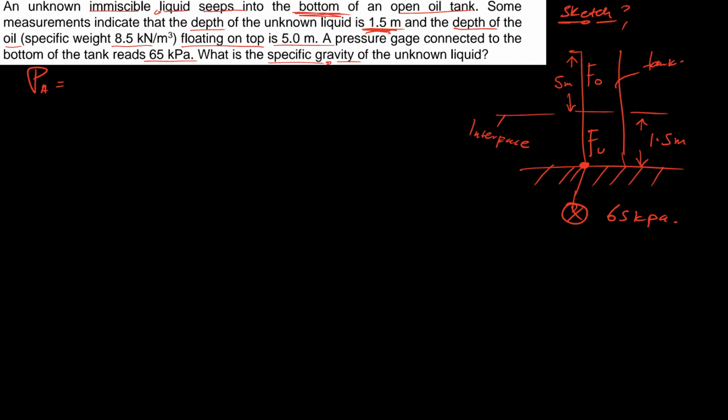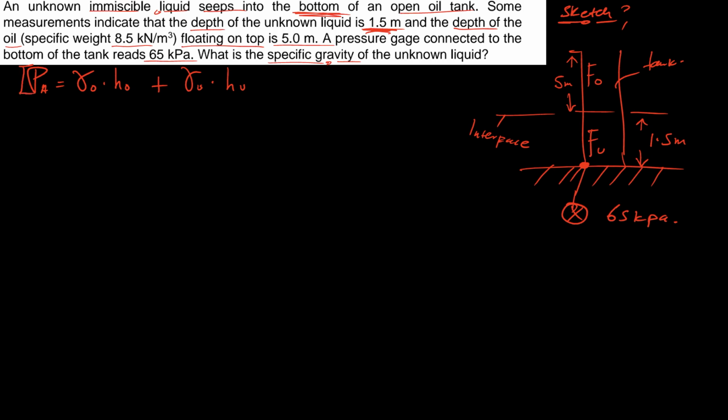Now remember, pressure is, in this context, how we're trying to understand the behavior of these immiscible fluids with respect to their height. So the gauge pressure is equal to the specific weight of the oil times the height of the oil plus the specific weight of the unknown fluid times the height of the unknown fluid.